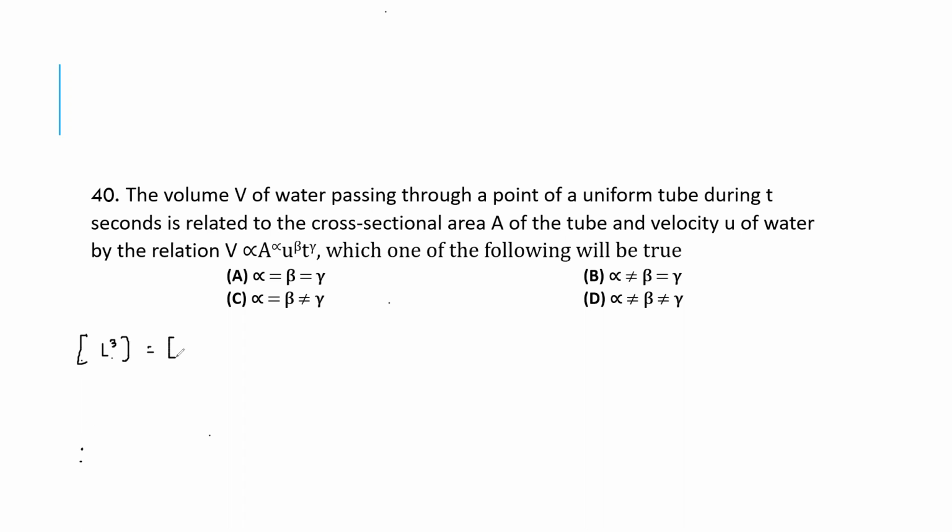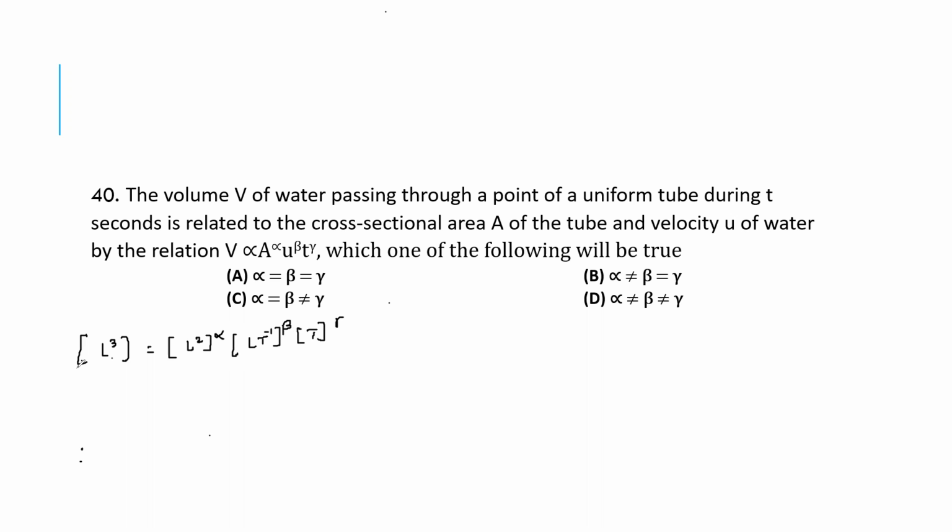Volume is proportional to A raised to alpha, u raised to beta, t raised to gamma. Therefore volume can be written as L raised to 3. Now area can be written as L squared to the power of alpha. Then velocity can be written as L T raised to minus 1 to the power of beta. And time I'll take as T to the power of gamma.